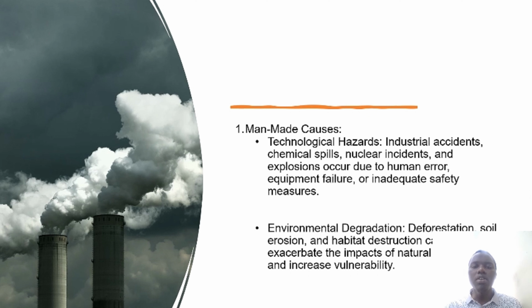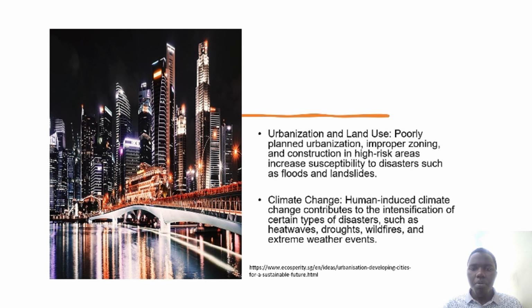Another man-made cause is environmental degradation. As you know, we know deforestation. Another is soil erosion. Another is habitat destruction, which leads to disasters. So let's continue. Another is urbanization and land use.